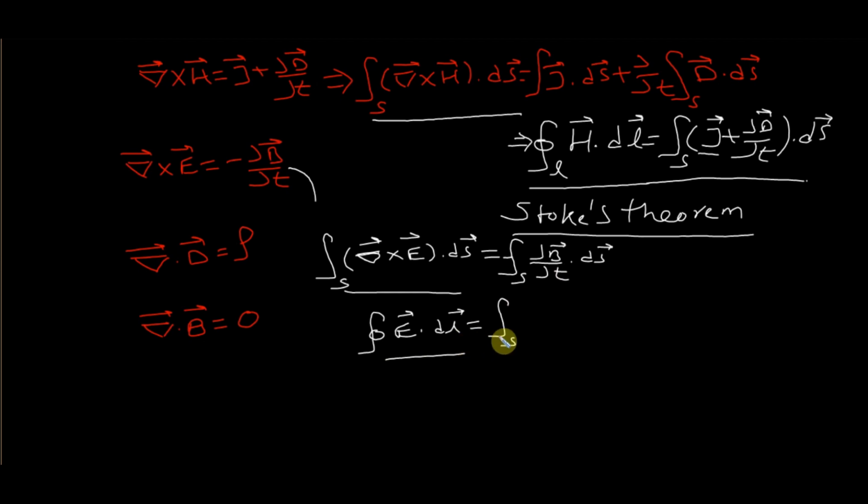And you can take this curl by curl T out, and this whole term is the total output flux, so it can be written as curl phi upon curl T, the total magnetic flux.